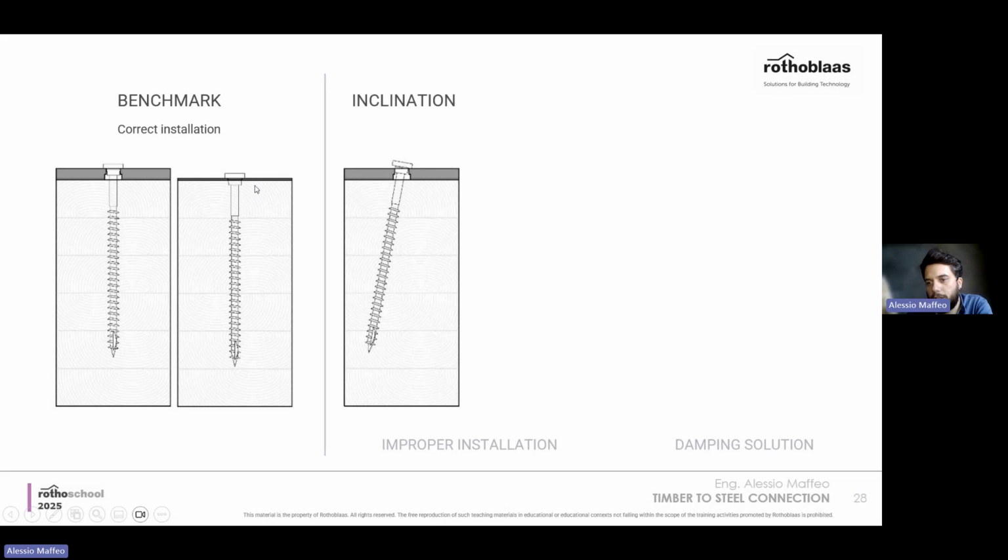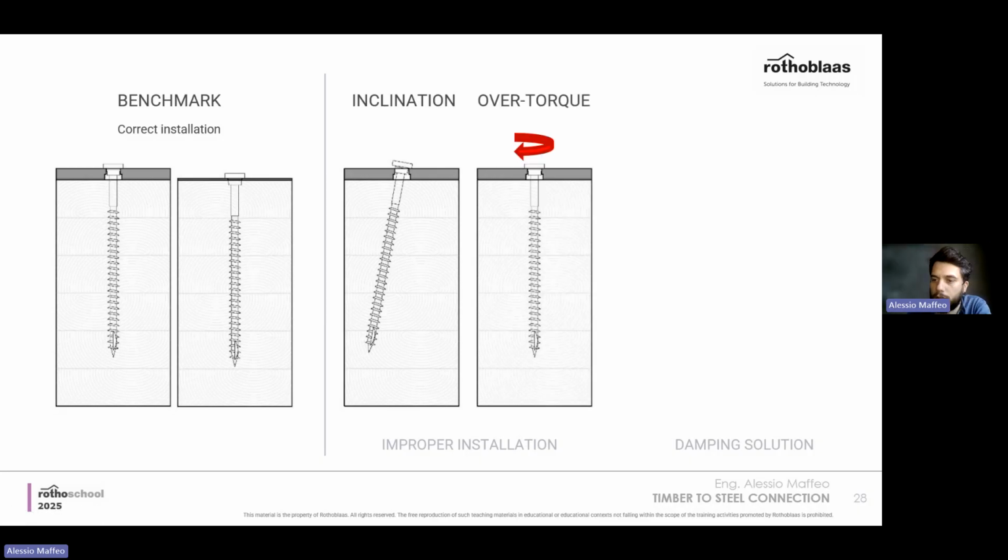And then we want to see the effect of an improper installation, so with an inclination, and also with an over torque. If we drive the screw too fast and smash the head against the steel plate without stopping before the plate, it means that we are over torquing the fasteners.